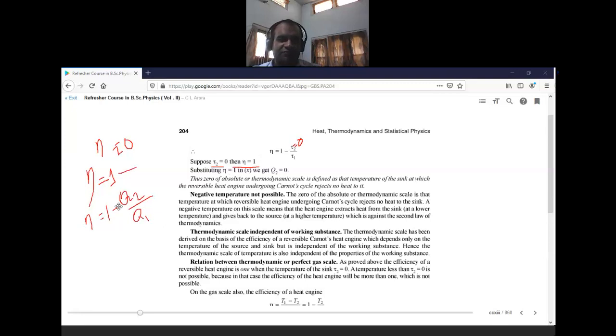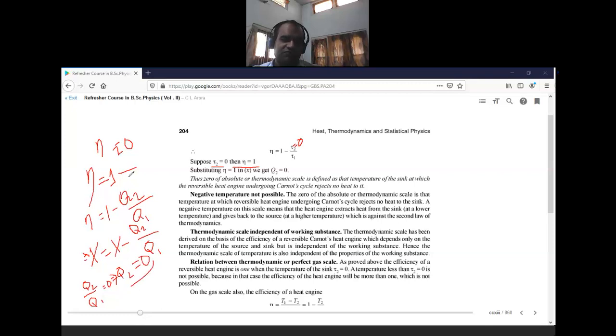Now if efficiency is 1, then 1 equals 1 minus Q2 over Q1. So the 1 gets cancelled, and Q2 by Q1 is equal to 0, or in other words, Q2 is equal to 0.